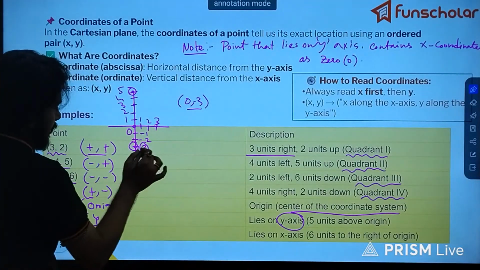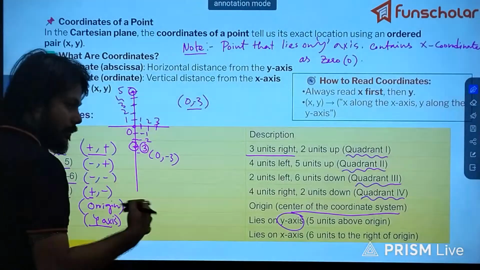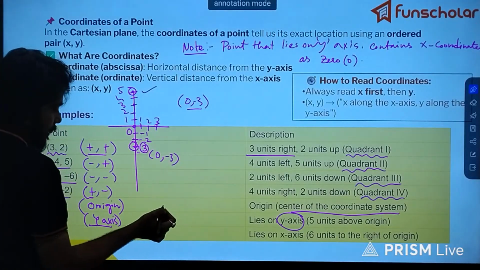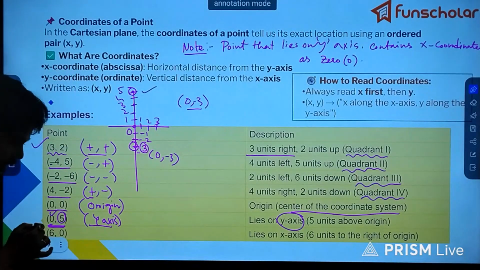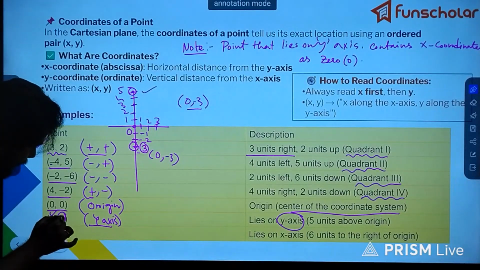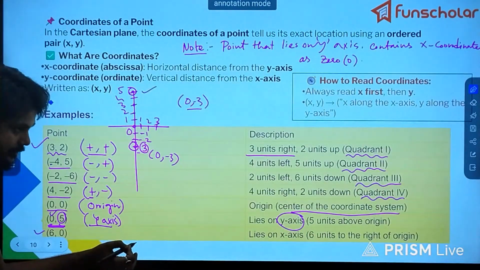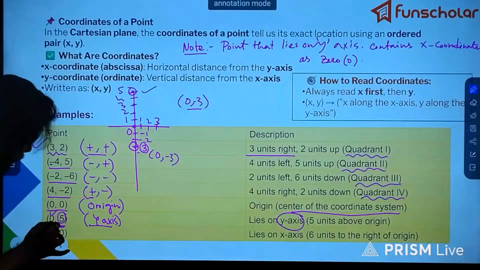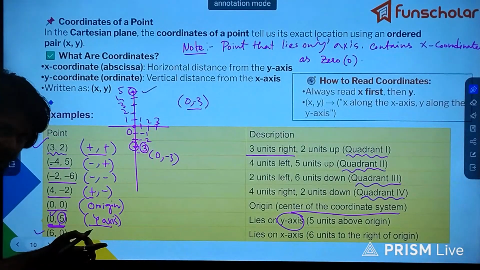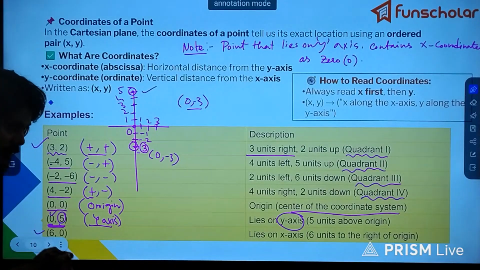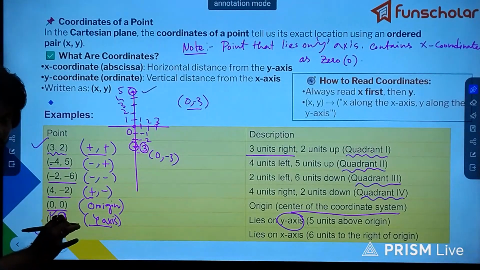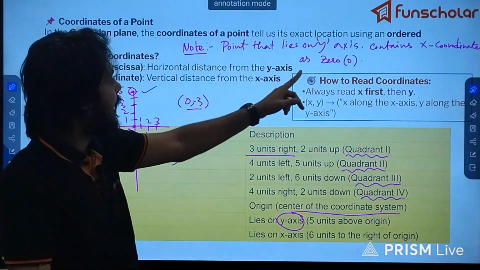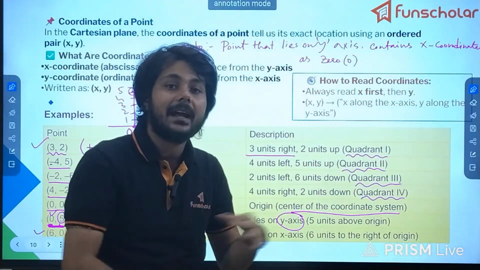This will be our point 0, -3. But no matter whether it is 0, 3 or 0, -3, it does not matter if the y coordinate is positive or negative. If the abscissa or x coordinate is 0, then the point will definitely lie on the y-axis.